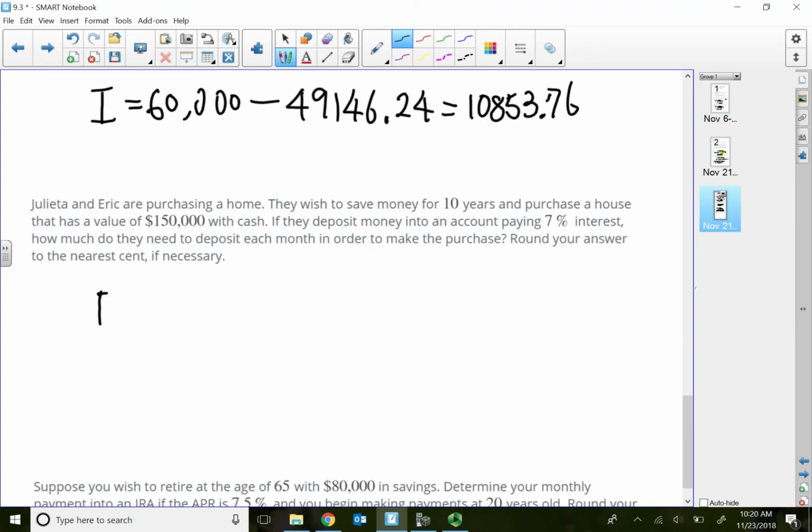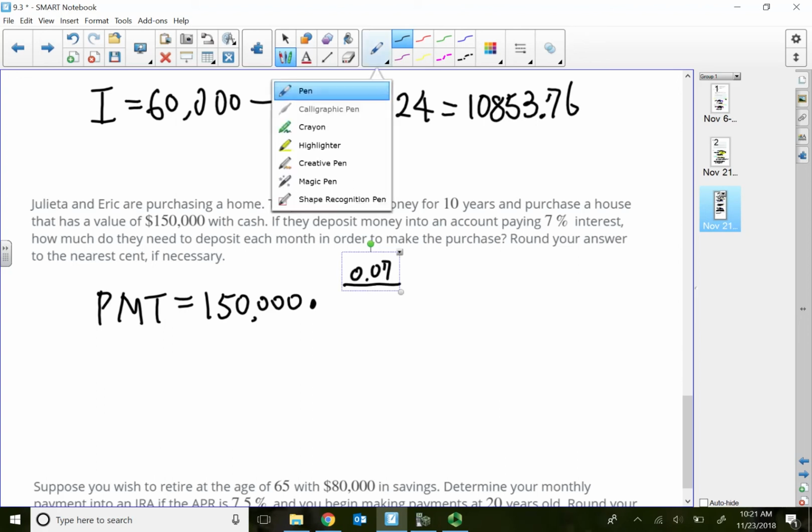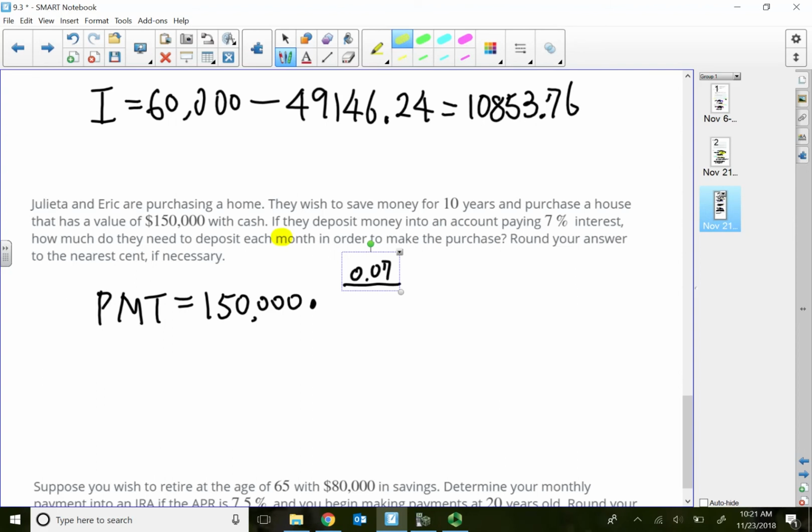So let's see. Their payment into this account every month will be the future value, what they're trying to save up for, $150,000, times R, which is 7%, 0.07, divided by N. I'm making 12 payments a year, so N is 12.